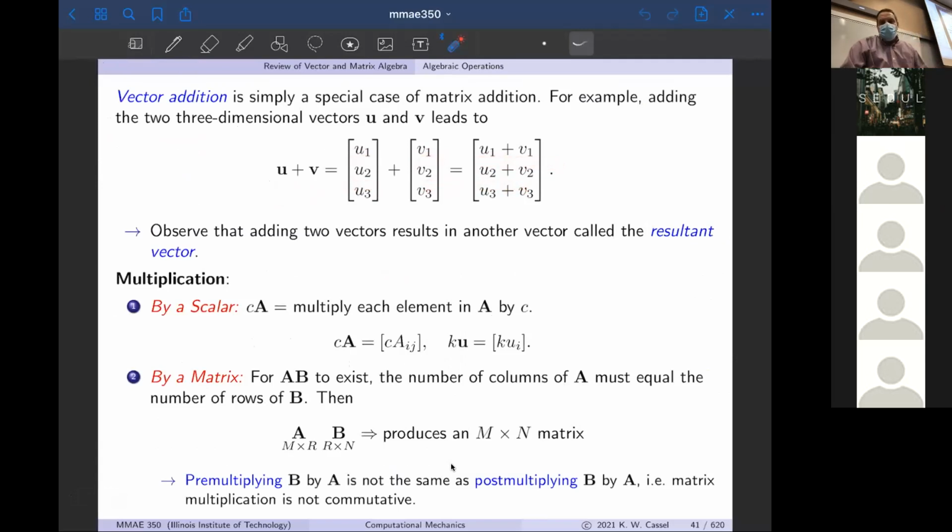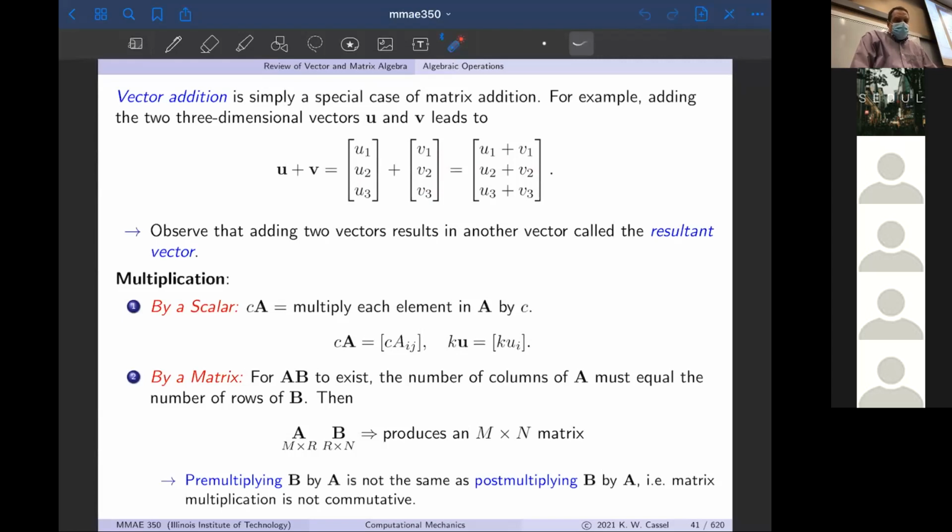Then the next thing to discuss is multiplication. Multiplication is a little bit more involved because there are different types of multiplication that can occur with scalars, vectors, and matrices. So they're all essentially, all but one, essentially matrix multiplication. However, things look a little bit different if it's vectors and so on.